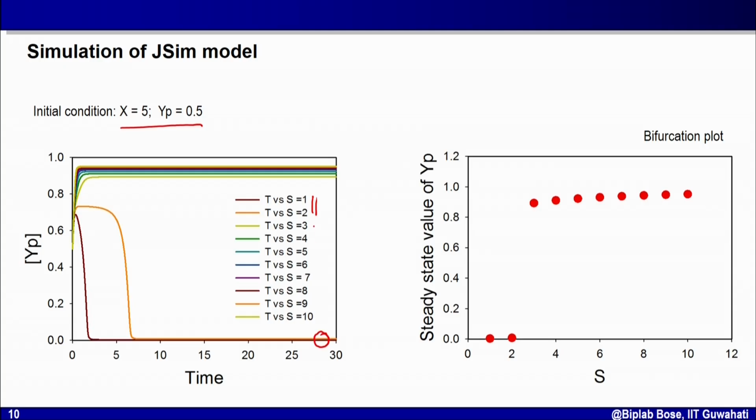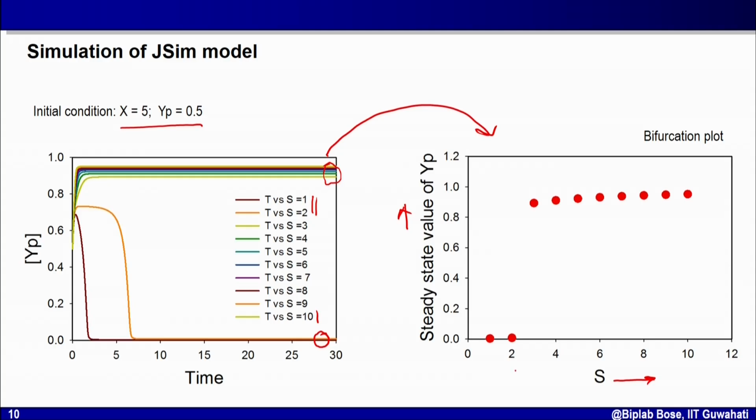For the rest of the values of s, from 3 to 10, the system converges to a higher steady state and those values are very close. So if I now plot the steady state values from this simulation, which is essentially a bifurcation plot, with s on the horizontal axis and the steady state value of yp on the vertical axis, I get this type of data.